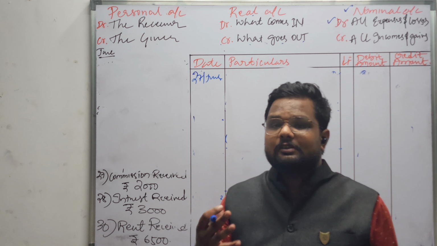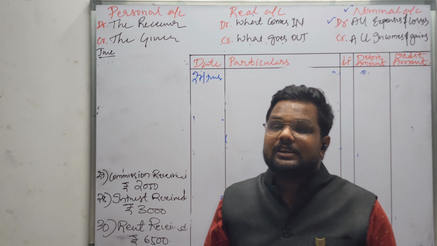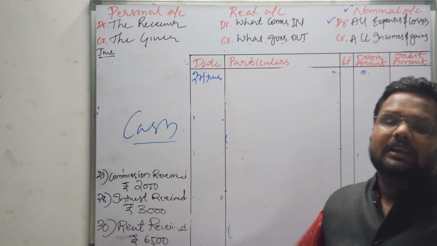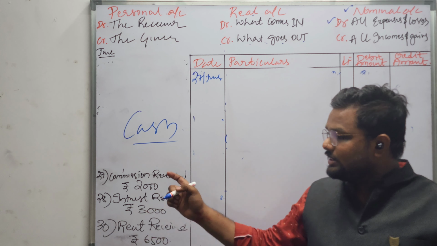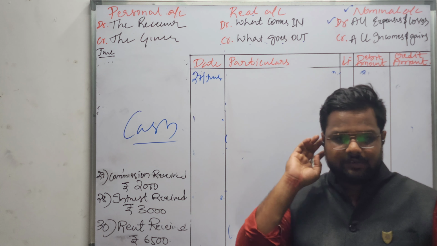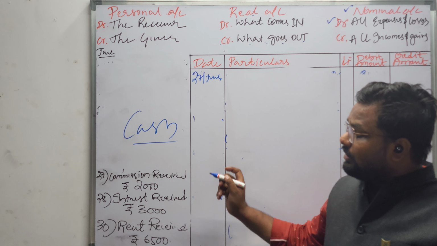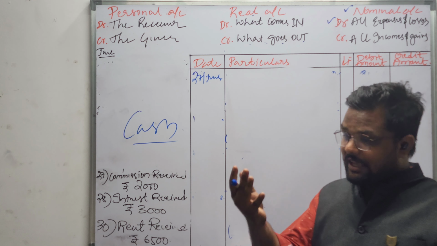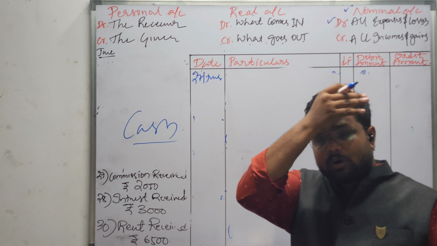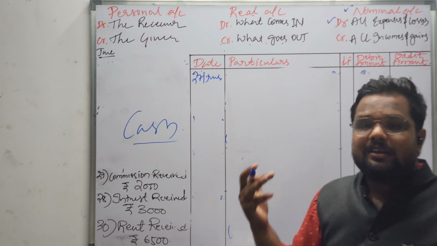So whenever we are receiving any income, what we are receiving actually is cash. While receiving the commission, cash is coming in. Understood. Anything going out? No, nothing is going out. What is happening then? Commission is being received.